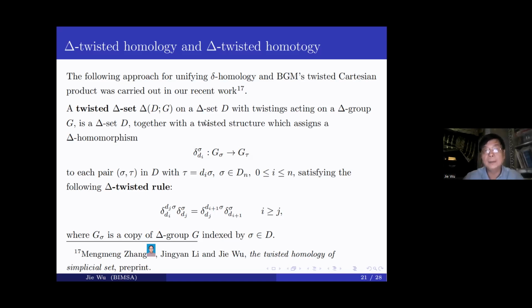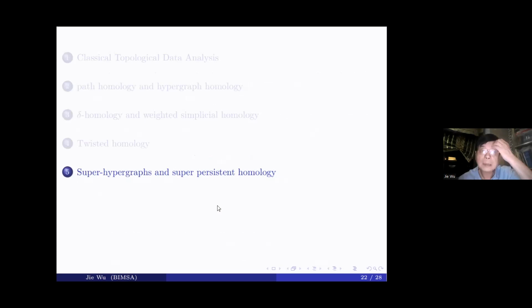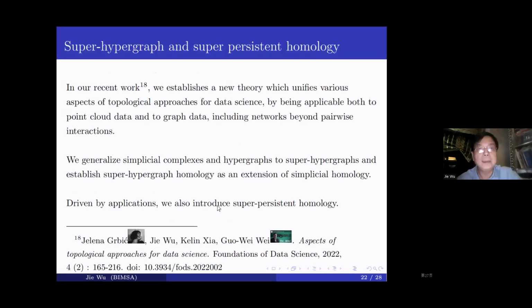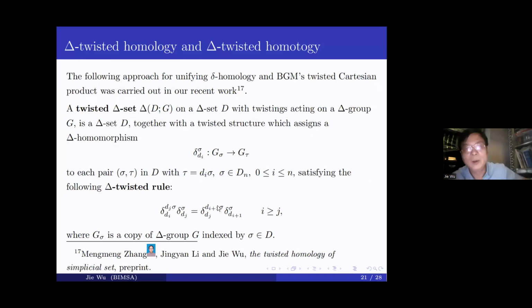Okay, but that's the notion of a delta set. If you're not familiar, it is just a generalization of the simplicial complex. And then we make all this twisting over there, and we found that there are some rules, like formulas. Well, let me say more about this.